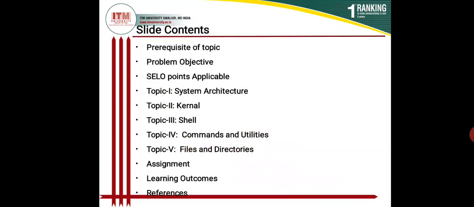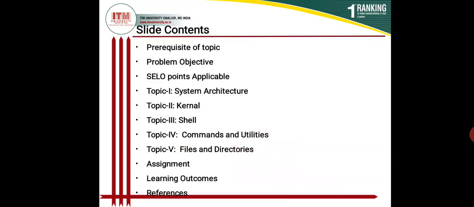Then the main content of today's lecture will be the architecture of the Unix operating system, and we will discuss the components. The first component is the kernel, next we have the shell, then the command utilities, and the last topic is files and directories.